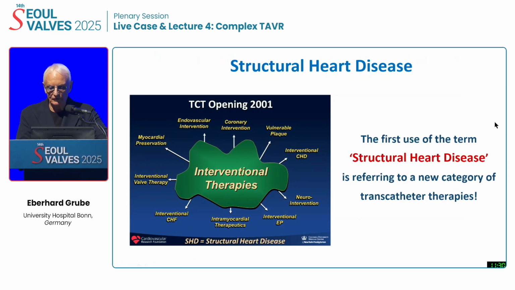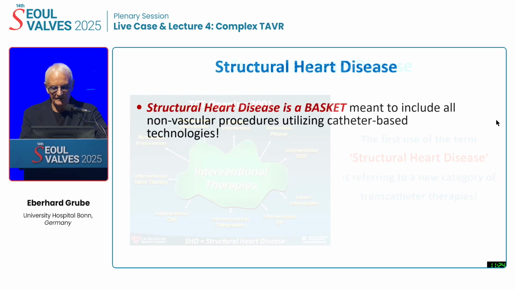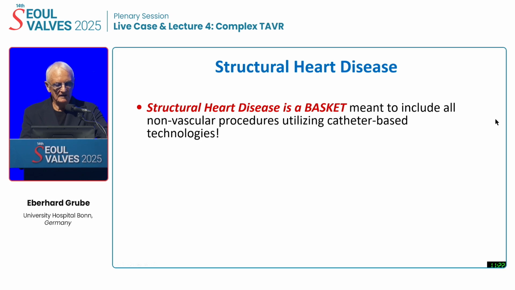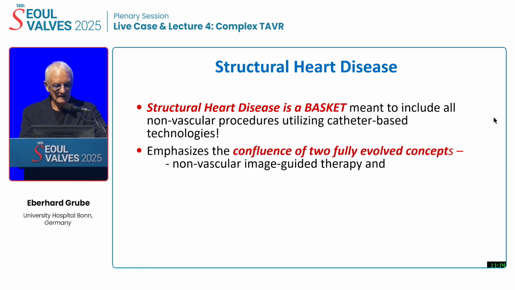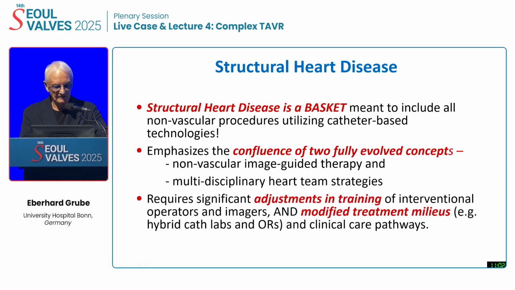Structural heart disease. The first use of the term structural heart disease was referring to a new category of transcatheter therapies. Structural heart disease is a basket meant to include all non-vascular procedures utilizing catheter-based technologies. It emphasizes the confluence of two fully evolved concepts, non-vascular image-guided therapy and multidisciplinary heart team strategies.